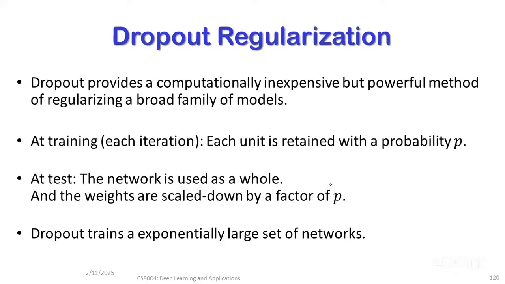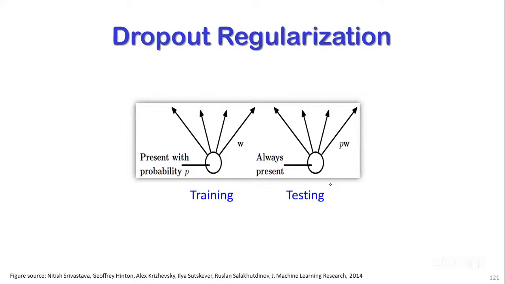Sometimes some unit will be dropped because every unit has some probability, right? So it is not totally off from your scene. So here you can see that this is the scenario in the training, and this is the scenario at the testing. In the training, this unit is present with the probability p, and in the testing, it is always present.